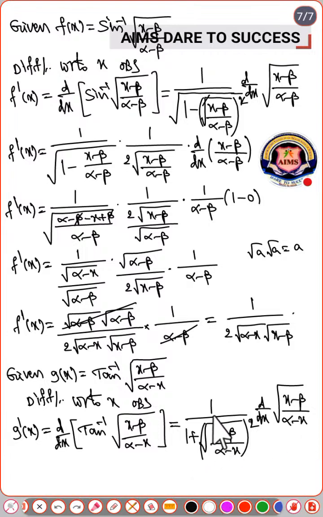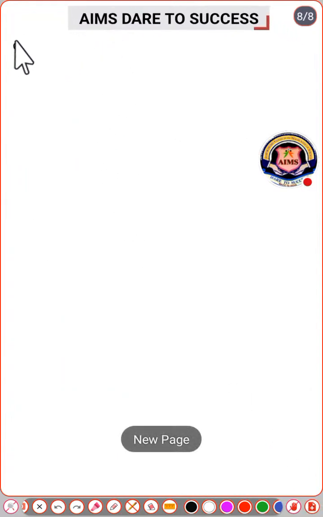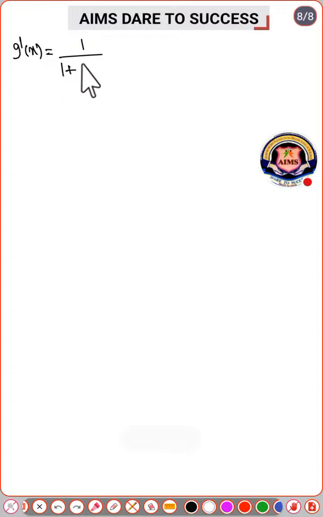Here, my dears, square and root get cancelled. Now we can take one more new page, here we can't write. Now I can take it as g dash of x is equal to 1 divided by 1 plus, square and root get cancelled. The remaining value is x minus beta by alpha minus x into d by dx of root, some part is there, that some part x.